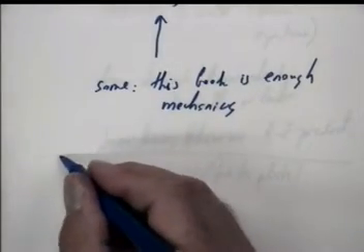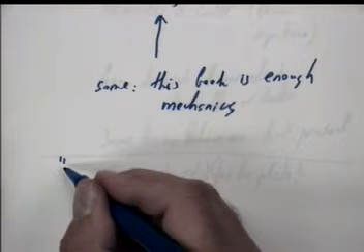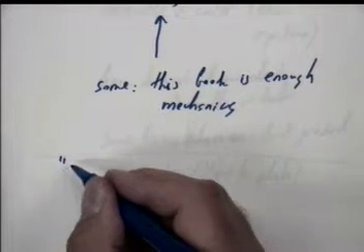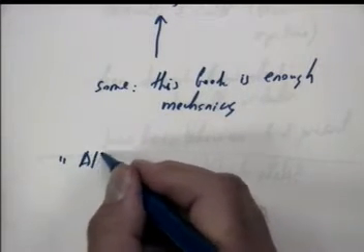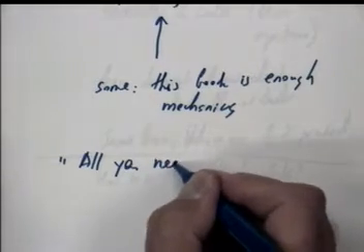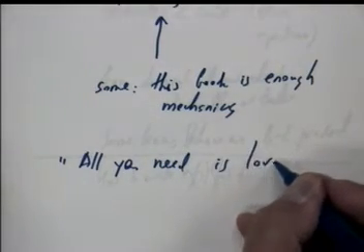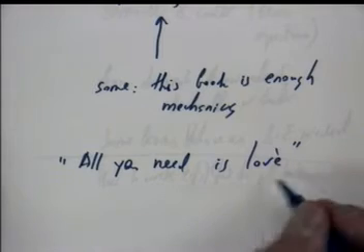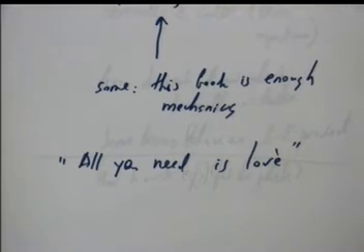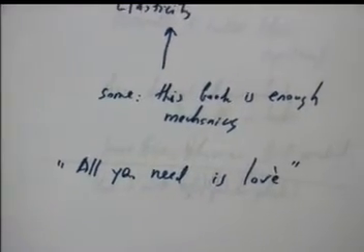So therefore, probably the Beatles, this English group, maybe that is what they meant when they said all you need is love. So probably they meant this book, otherwise they would not have composed the song.